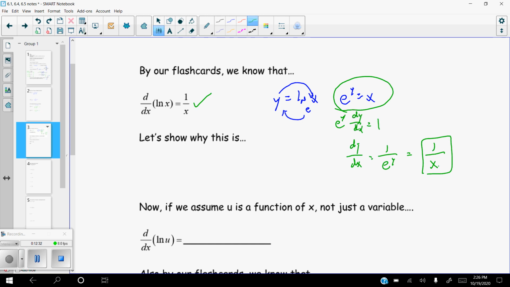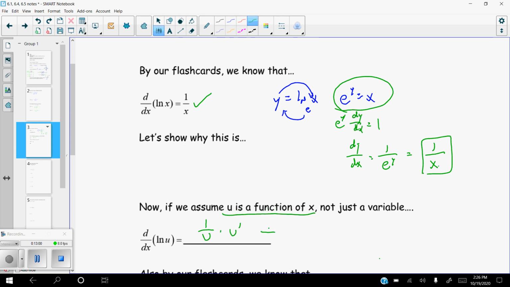Very much like what I just talked about in the previous inverse trig derivatives. If the argument of the natural log is not something which is just x, and it's some other function of x, so we're going to, again, assume that u is a function of x, then the derivative of the natural log is 1 over u times the derivative of u, which in this case would be u prime.